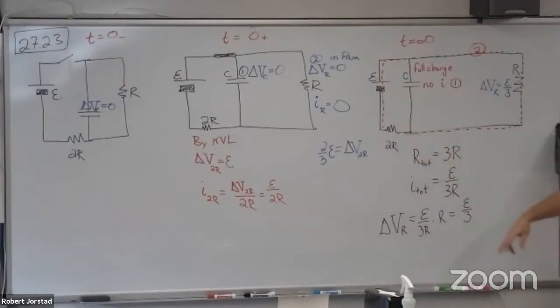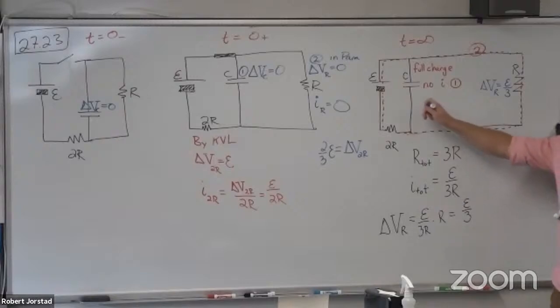Well, wait, what's the voltage across the capacitor then? 0. What? No? Oh, see. What's the voltage across the capacitor? 0.